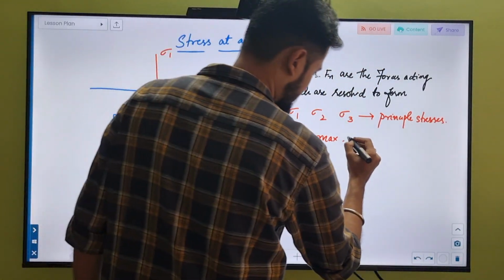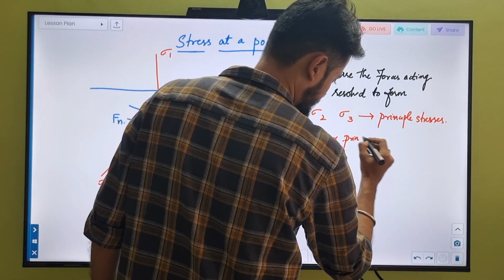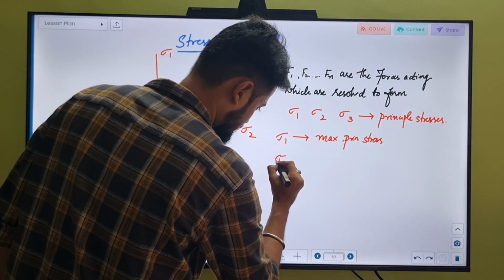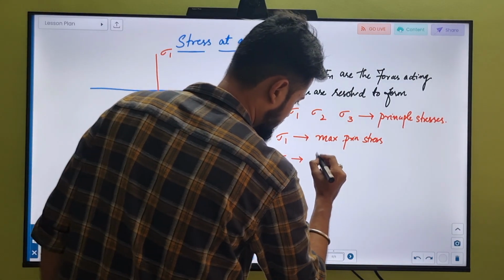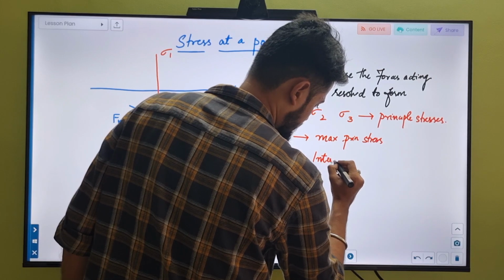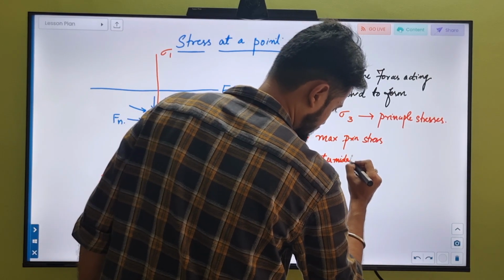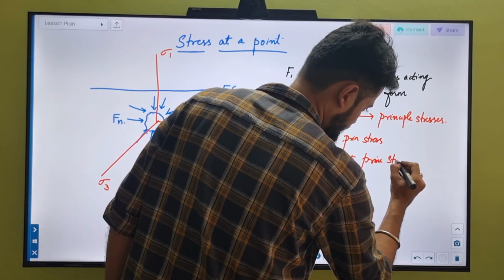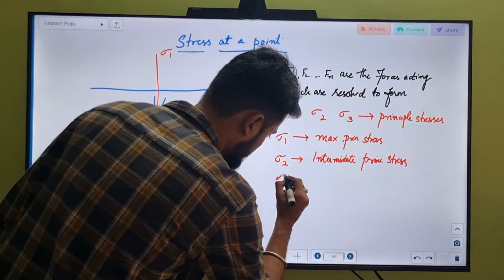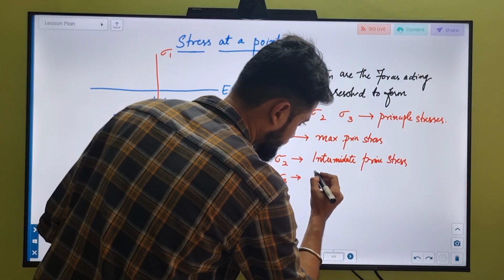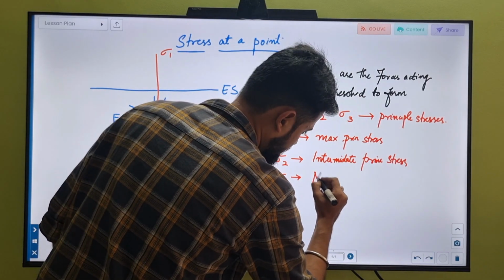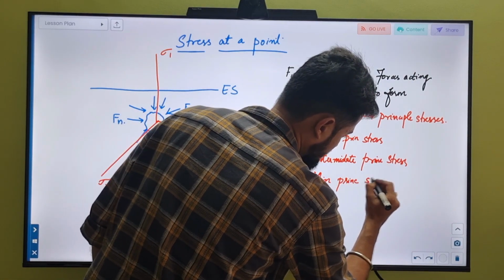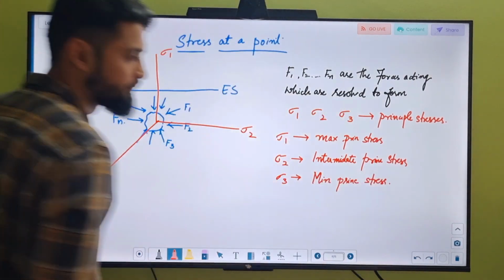Sigma 1 is the maximum principal stress, sigma 2 is the intermediate principal stress, and sigma 3 is the minimum principal stress.